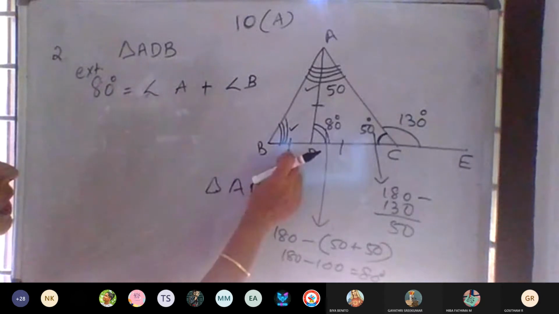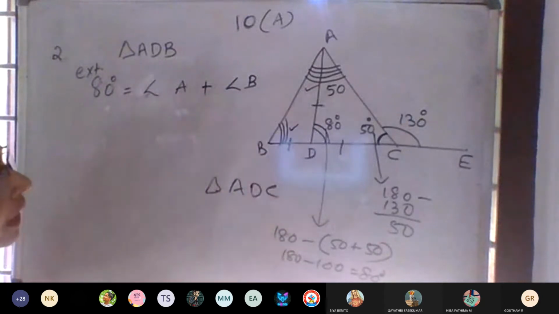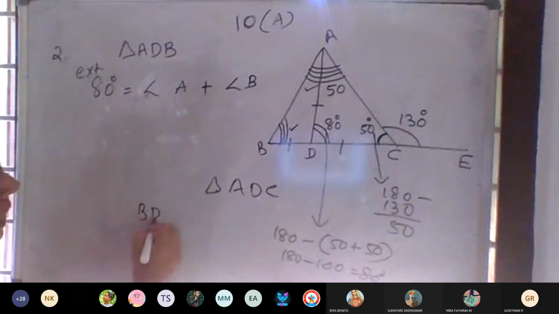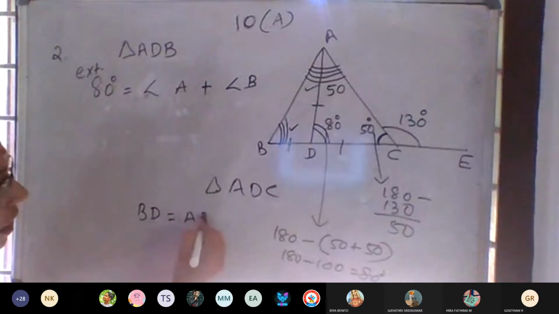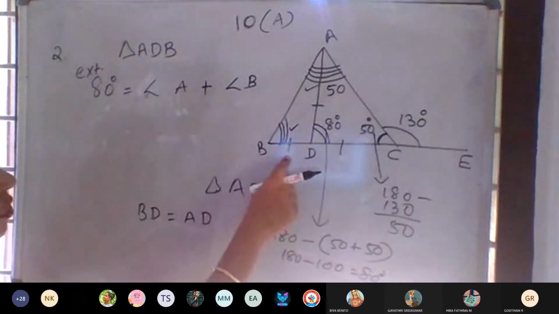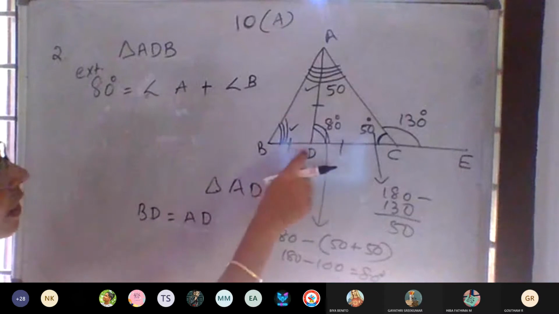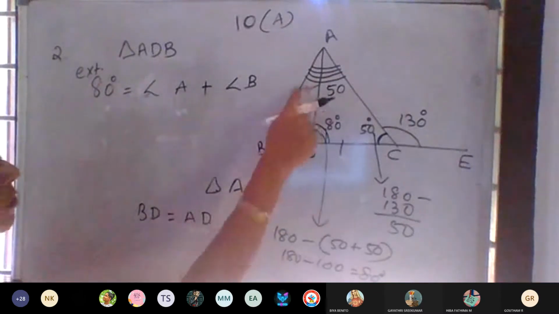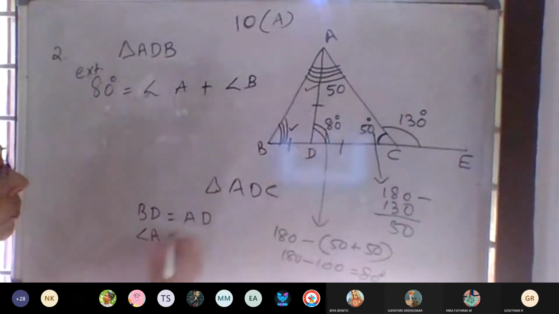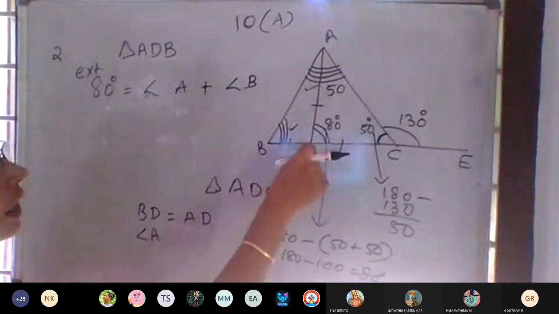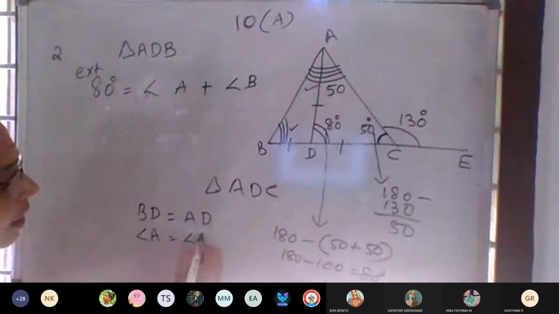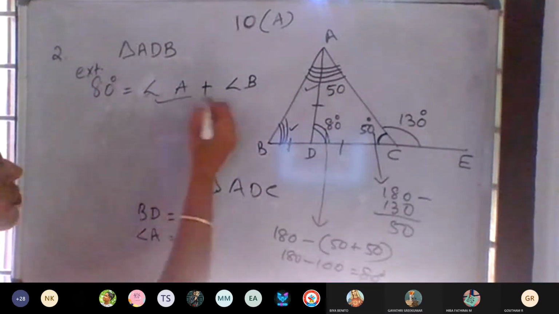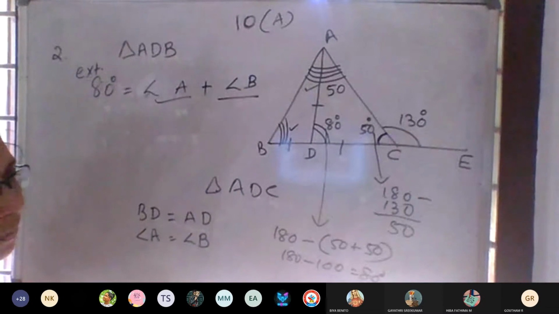BD is equal to AD. Opposite of BD is angle A, and opposite of AD is angle B. So these two angles are equal.